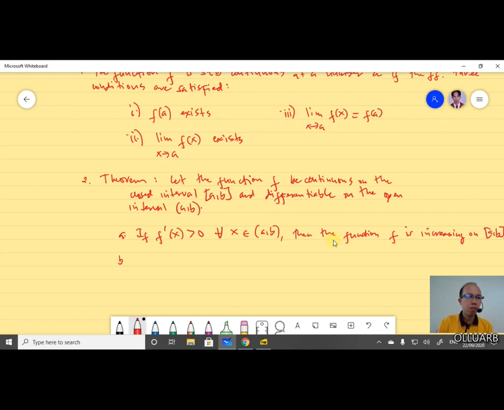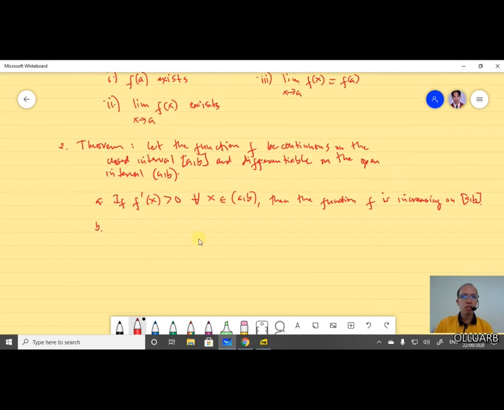The same argument holds for a decreasing function.